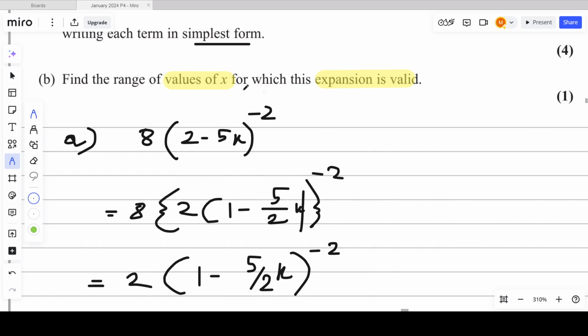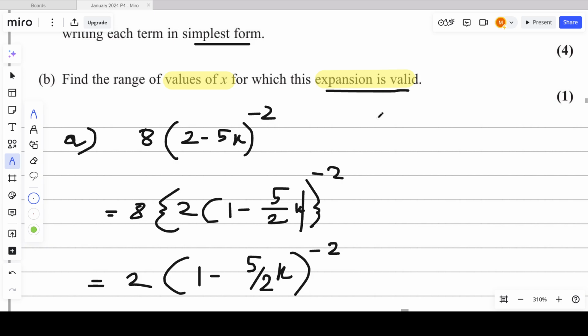Basically, what is meant by the expansion being valid? Definitely you have done approximations using binomial expansion in AS level P2, your Pure Mathematics 2. So very often the binomial expansion terms are used for estimation or approximation.